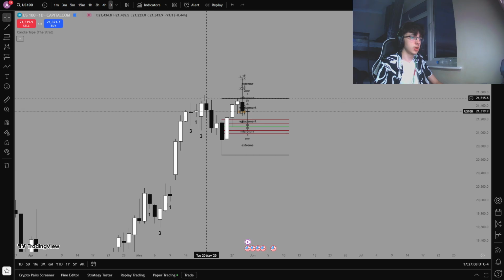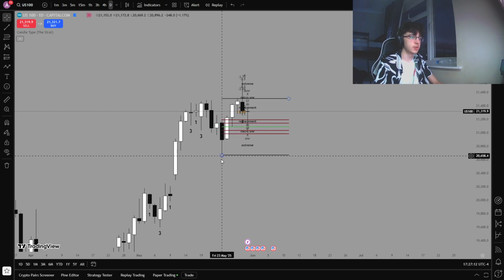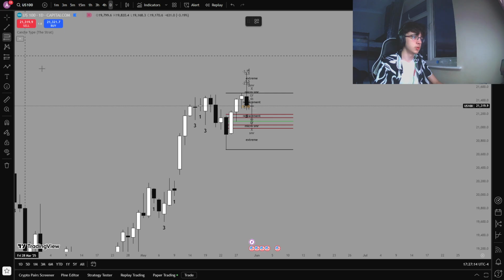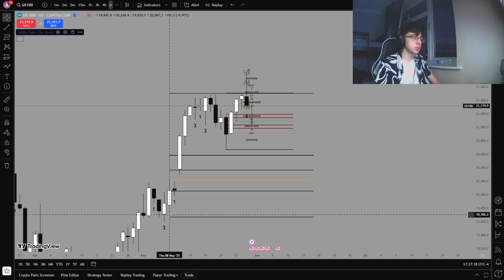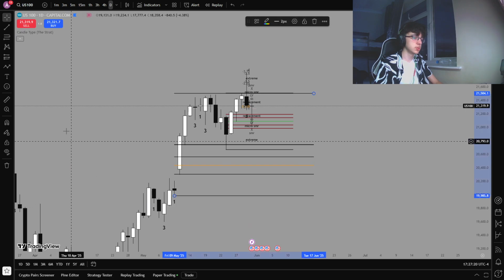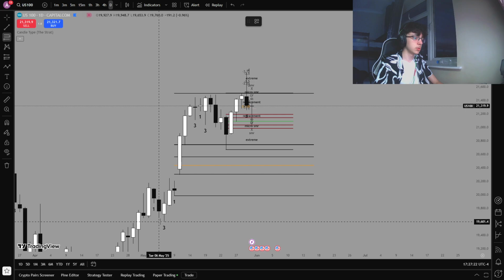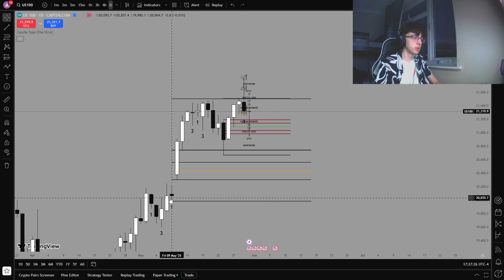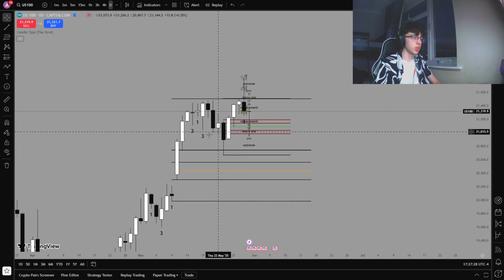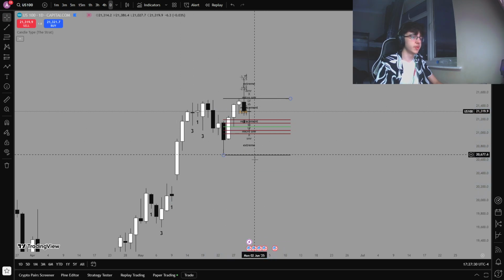Monday we created a high. Tuesday, Wednesday, Thursday tried to be bullish. Friday did not rebalance that range, but instead we rebalanced this range here. From this low to that high, we rebalanced into equilibrium and moved higher.